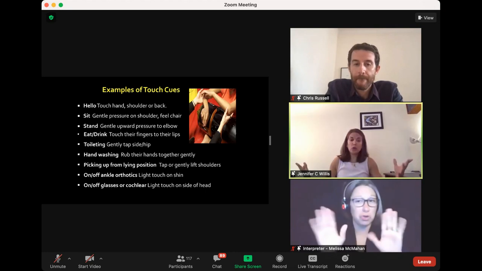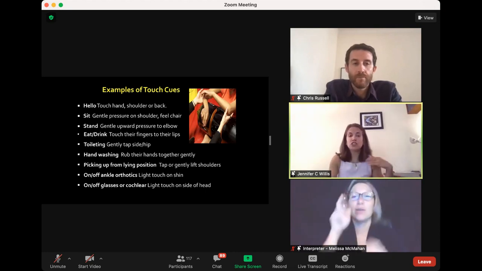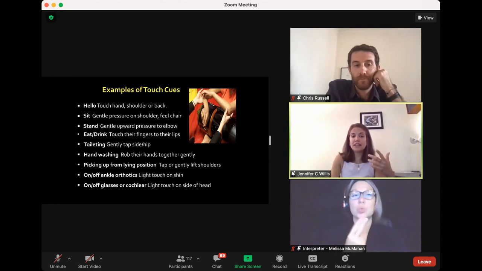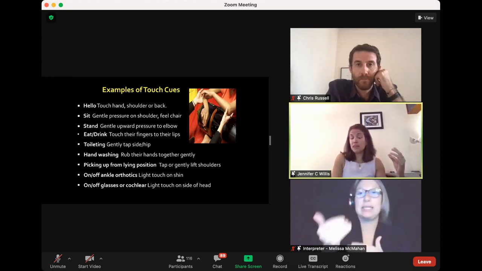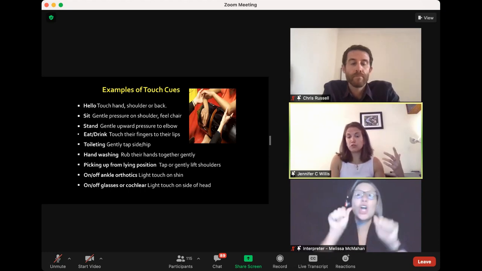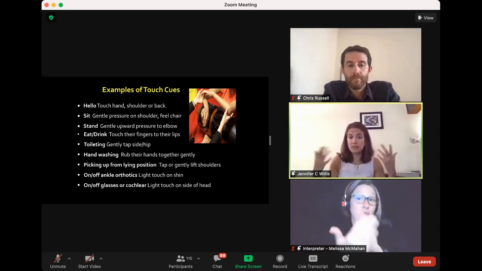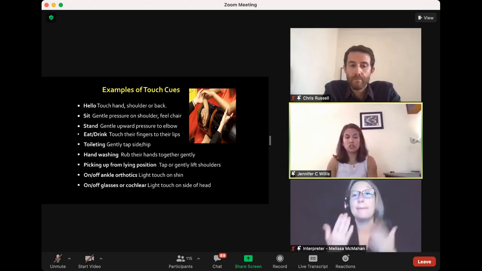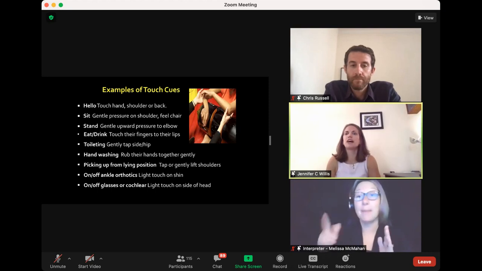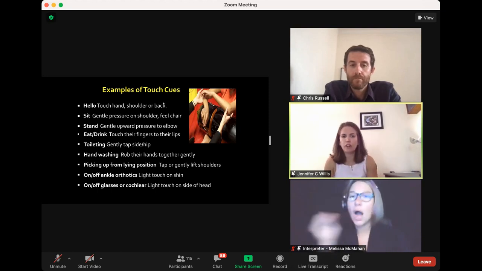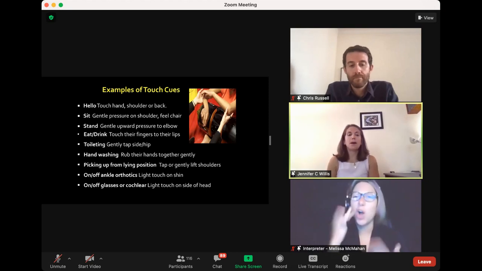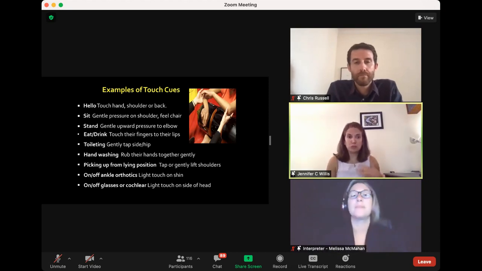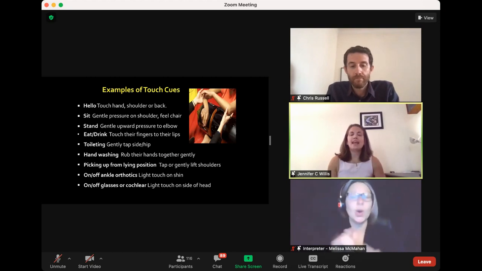If you create a system that's utilized to allow the student to anticipate what's going to happen, it can also then eventually become possibly an expressive modality for the student. That student might tap the side of their leg, if they have the ability to do so, to let somebody know, hey, you forgot to put my AFOs on, or where are they? Or I'd like them to be taken off because it hurts. So these can become an expressive modality for students as well, but it's a way to let them know what's going to happen.